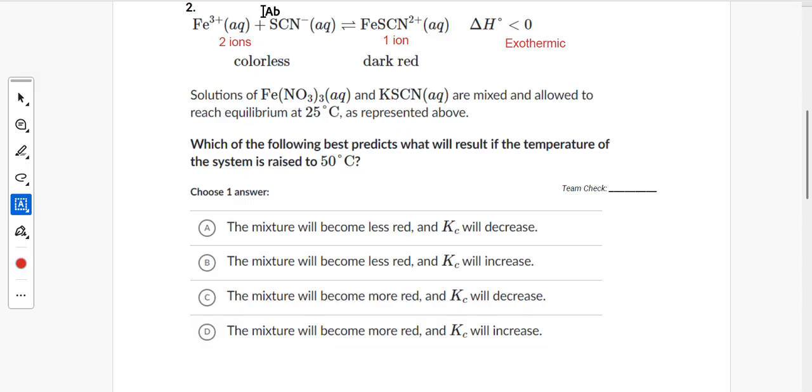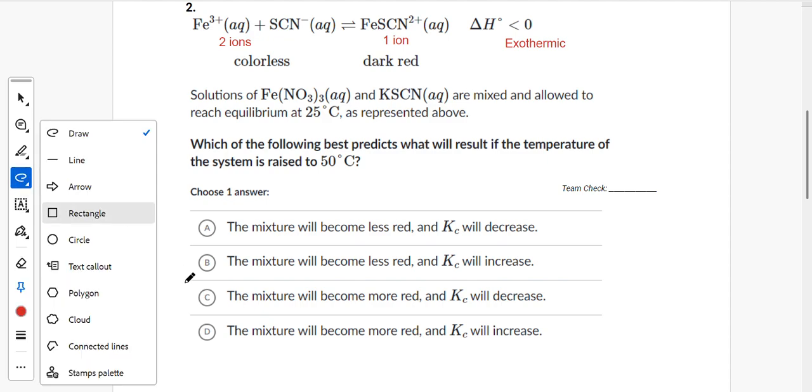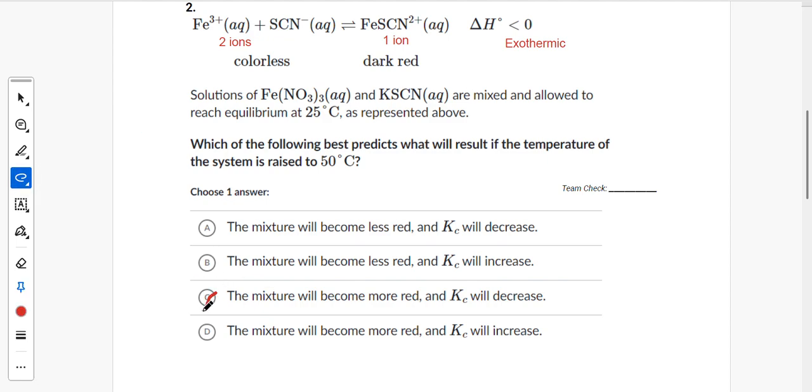It's going to go backwards, because it favors the endothermic direction, which is the reverse. So it's going to be more colorless, more clear. The reaction becomes less red. So it's either going to be A or B, because we know it's going to shift to the left.